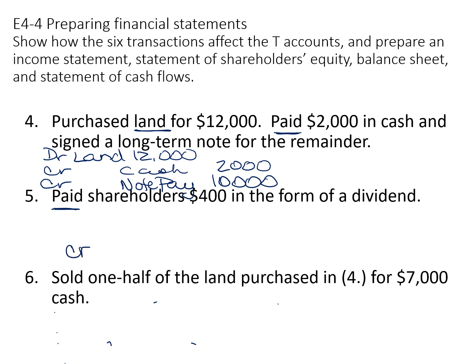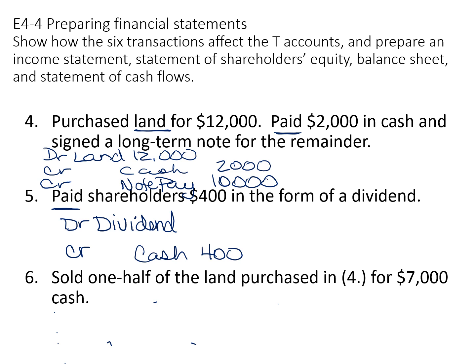That means immediately that I'm going to credit cash for $400. Well, what's the debit going to be to? Well, I'm paying shareholders, and the only time I pay shareholders is when I give them a dividend. And remember, we said that dividend was a contra shareholders equity account.